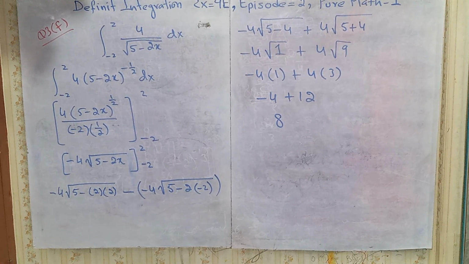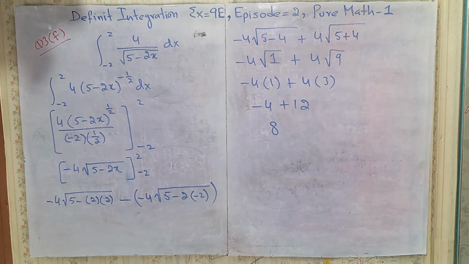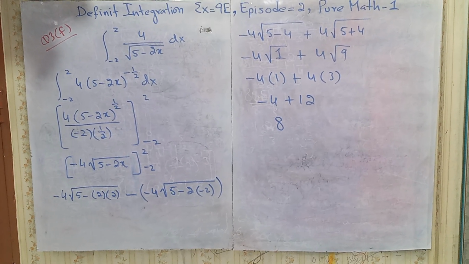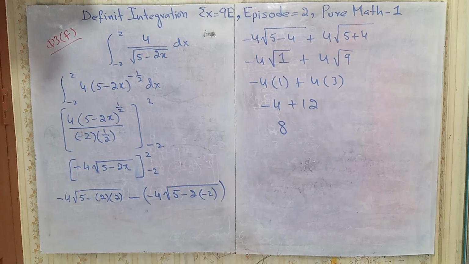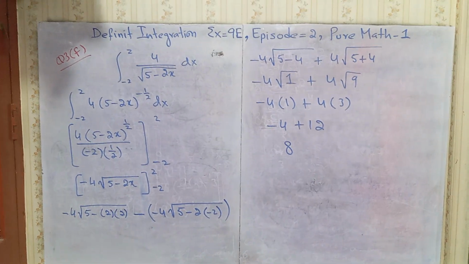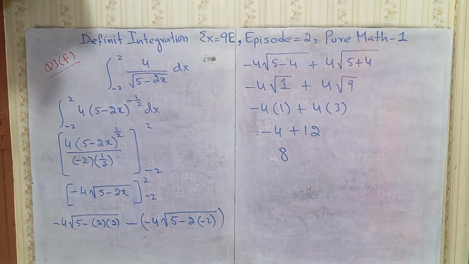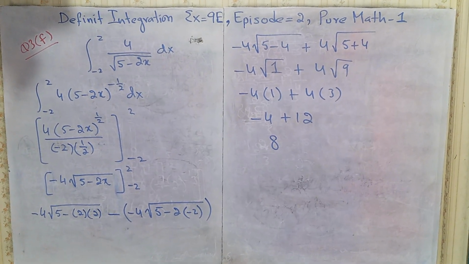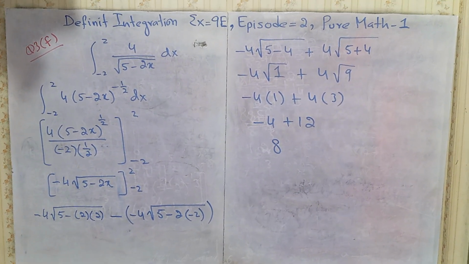So you will have minus 4 under root 1 and plus 4 under root 9. So minus 4 into 1 plus 4 into 3, that is minus 4 plus 12, and the answer will be 12. So this is how you will do question number 3 and its F part. I hope that this is very, very clear to you.